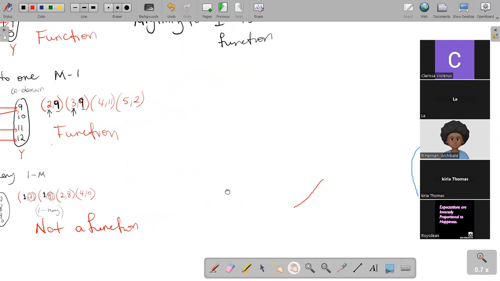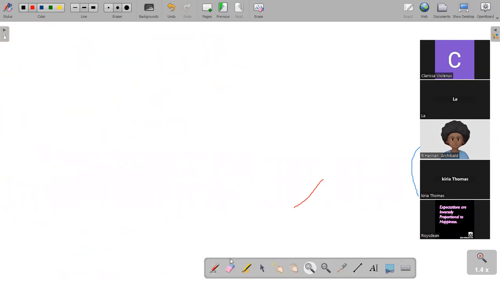So let me just write that over so we could see it clearly. Which ones are the functions? 1 to 1 is a function. Many to 1 is a function. So this is yes.